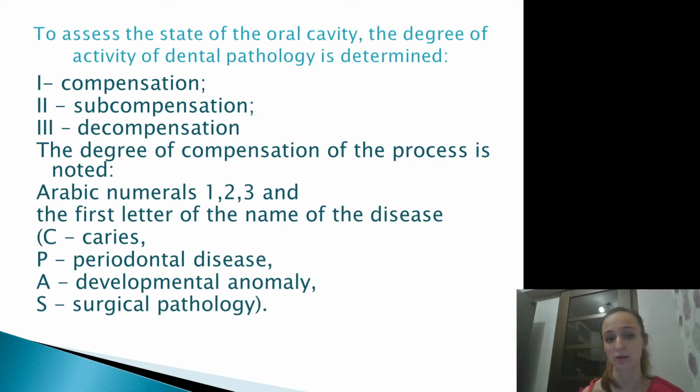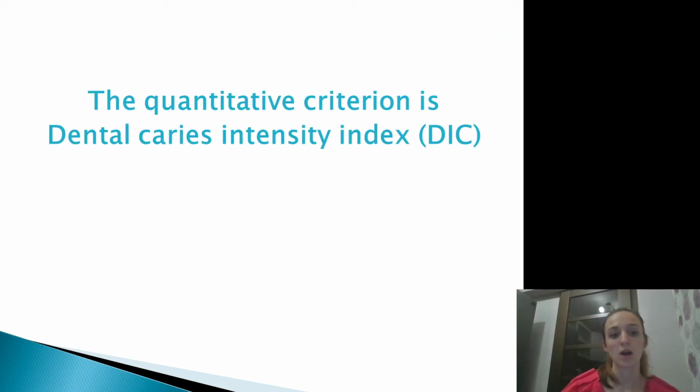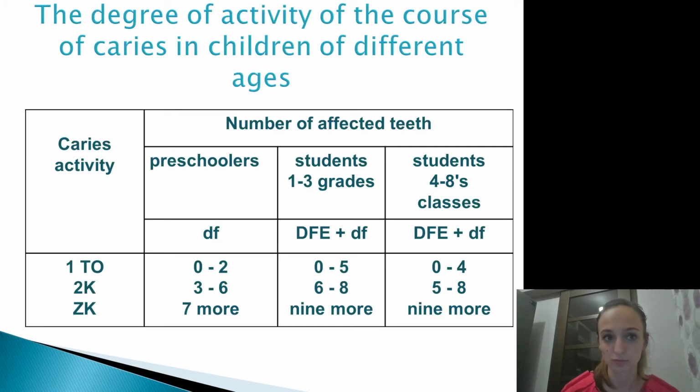So Arabic numerals 1, 2, 3, and the first letter of the name of the disease. For example, C caries, P periodontal diseases, A development anomaly, and S surgical pathology if the patient has this pathology. Then the quantitative criterion is the dental caries intensity index.